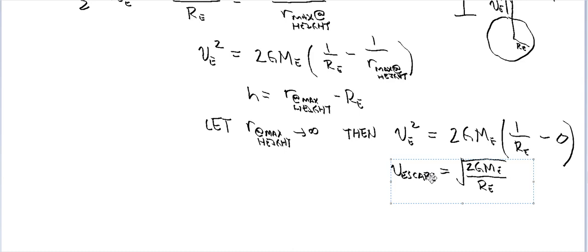Now, this is the speed it has to have when it leaves your hand, not the speed it would need if you were going to keep pushing, right? If you have a rocket booster on this, that's a different story. This is just assuming you throw it, and from then on, it's only affected by gravity.